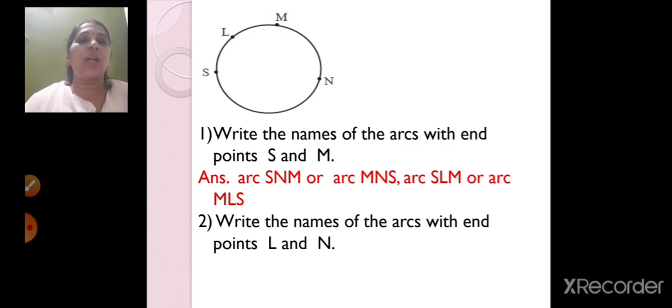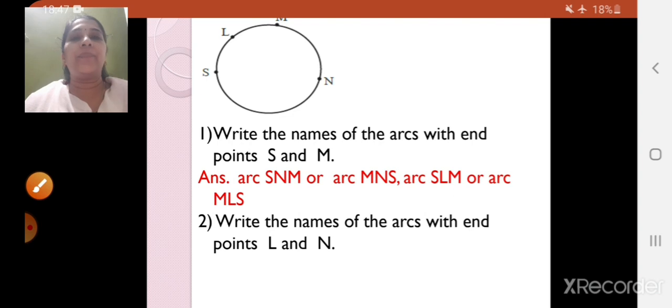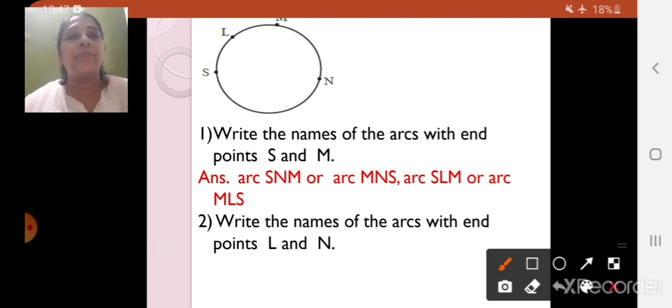Write the name of the arcs with end points L and N. So you can see the end points are L and N. So here is L and here is N. So again, for your understanding, I will make a line near L and N, right?